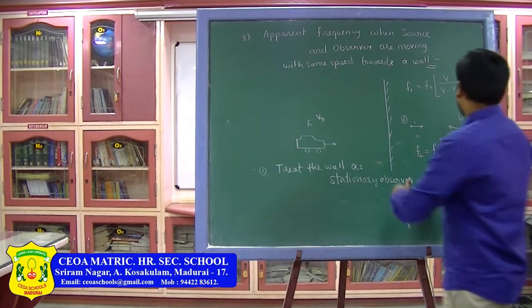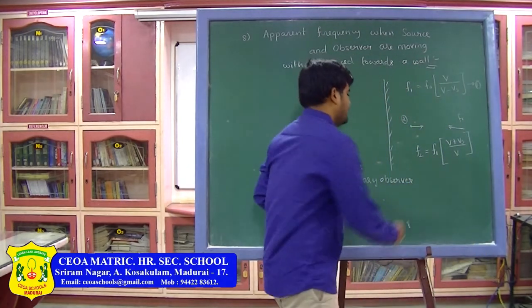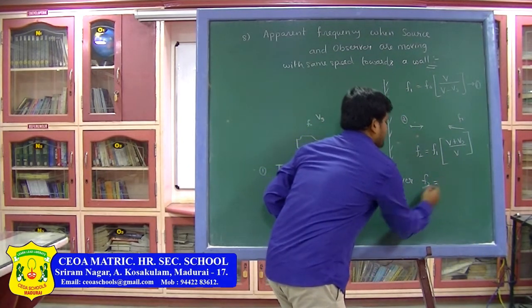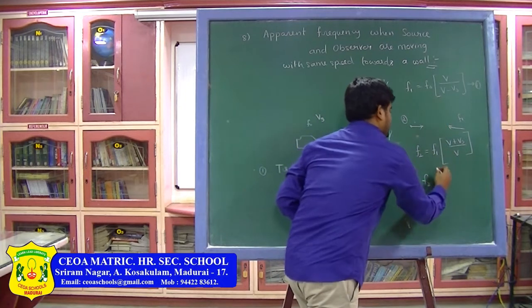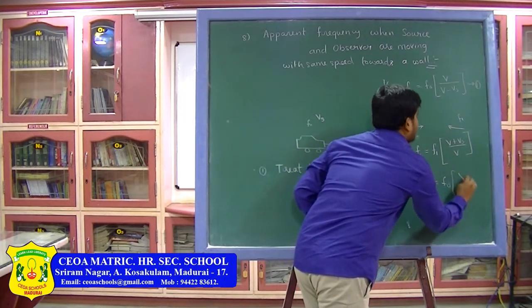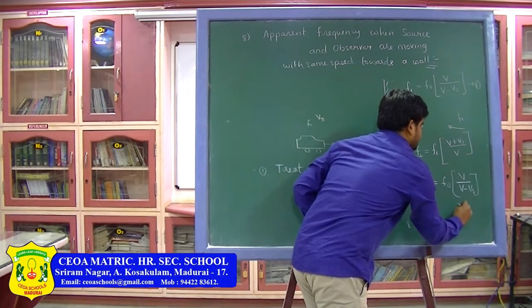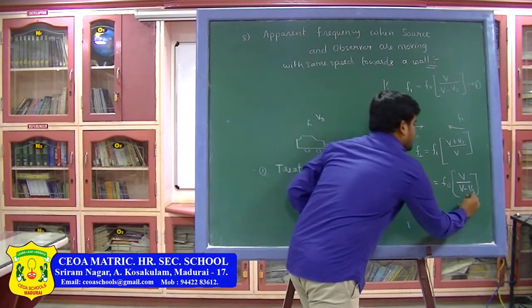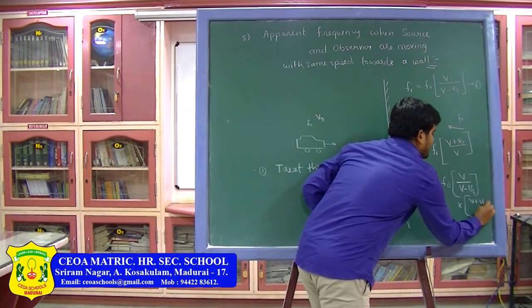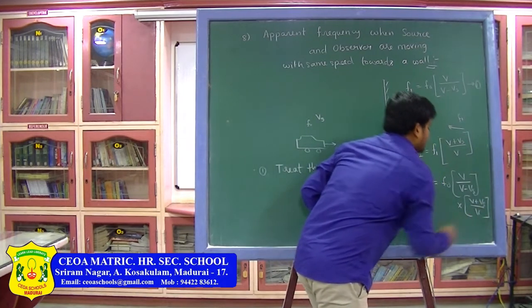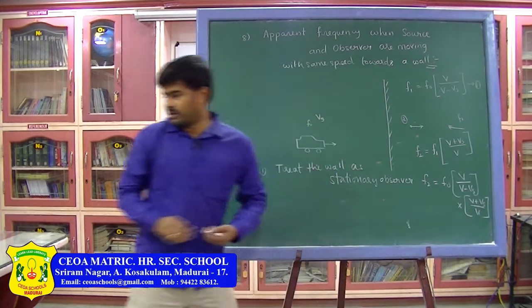Using equation 1 in 2, substituting the f1 value, the final apparent frequency f2 is f naught into V divided by V minus Vs into V plus Vs by V. This is the final apparent frequency value.